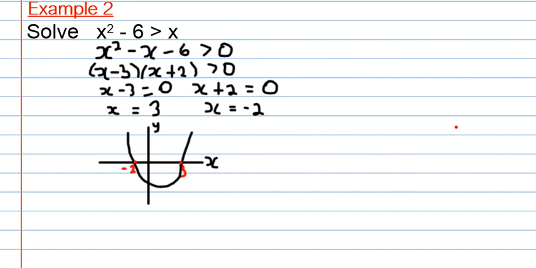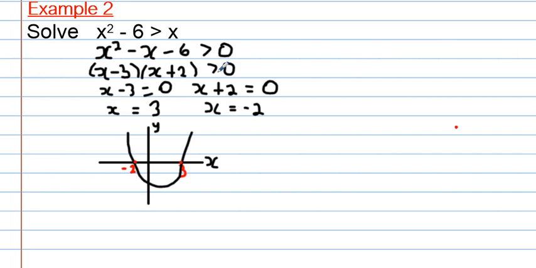Now we're going to test each region like we did in the first example. If I choose this region between minus 2 and 3, let's say 0. If I put 0 in there, minus 3 times 2, that will be minus 6.